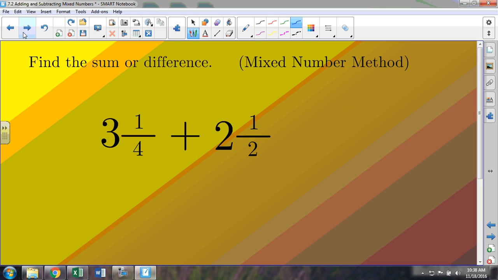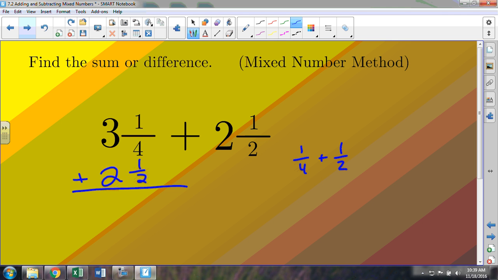If we were to take the mixed number method, 2 and 1/2, and we still have some scratch work here then, because 1/4 plus 1/2, they're still not the same, so I'm going to come off to the side and say add up these two fractions.